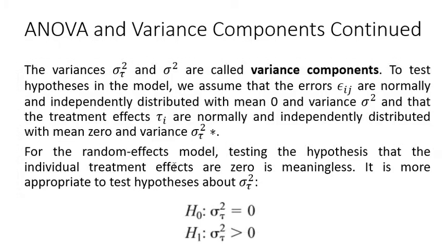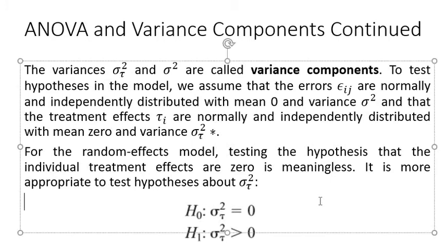For the random effects model, testing the hypothesis that the individual treatment effects are zero is meaningless. So in the random effects model, we will not do what we did in the fixed effects model. Rather, it is more appropriate to test hypotheses about sigma squared sub tau.